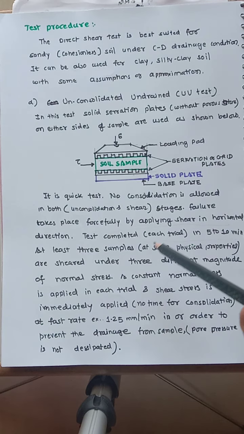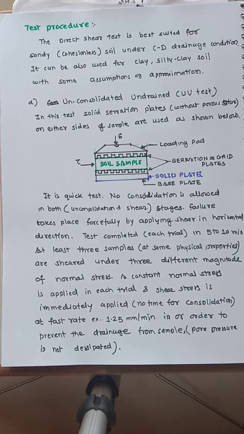So the sample is first subjected to, let's say, 0.2 or 0.5 kg per cm square. Then after failure, the next sample is placed. Then double the normal stress is applied. If it is 0.2, then 0.5. If it is 0.5, then 1. Okay, and the third trial maybe 2 kg per cm square.